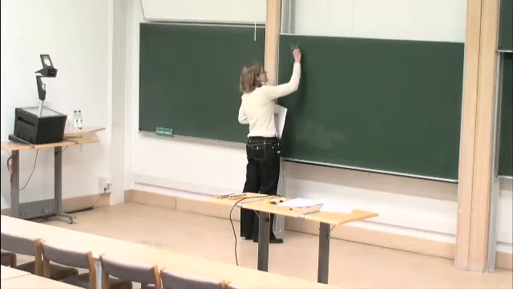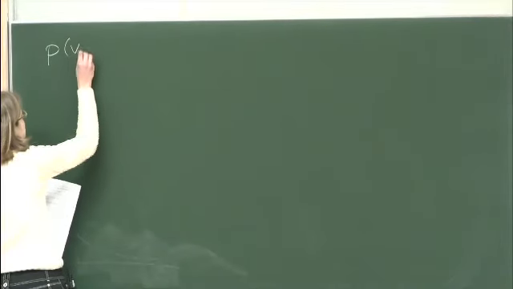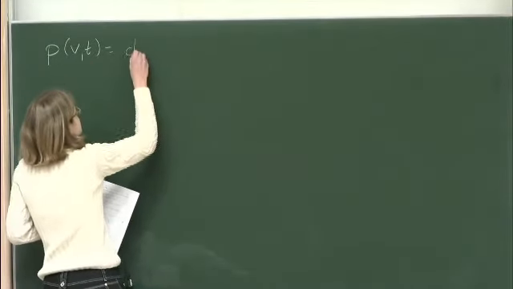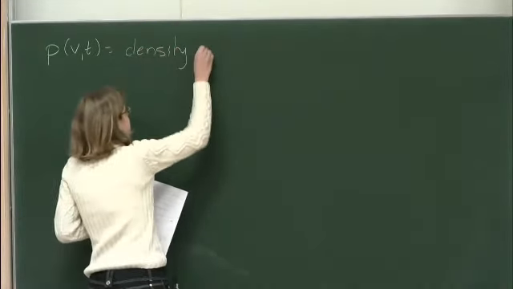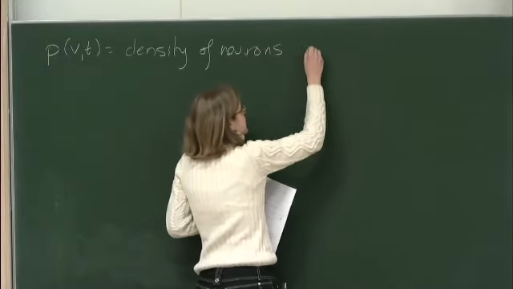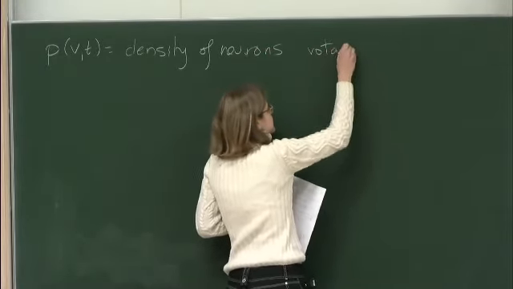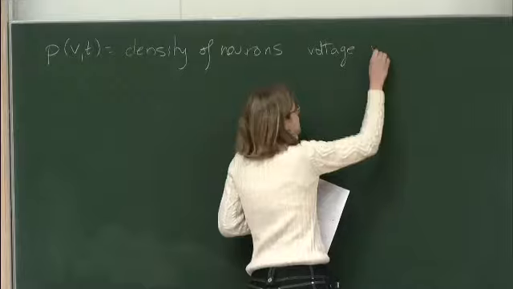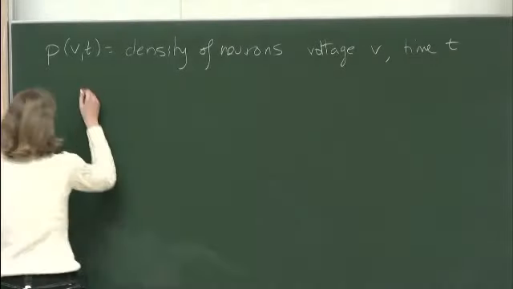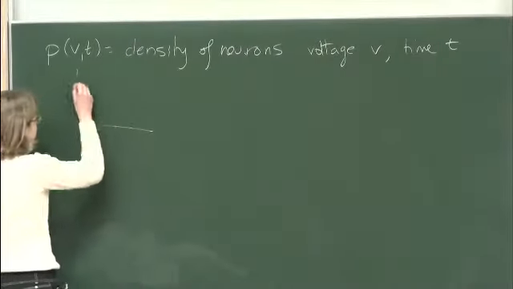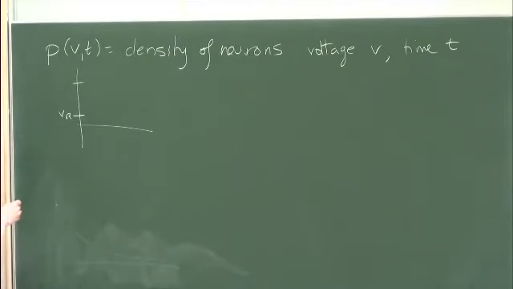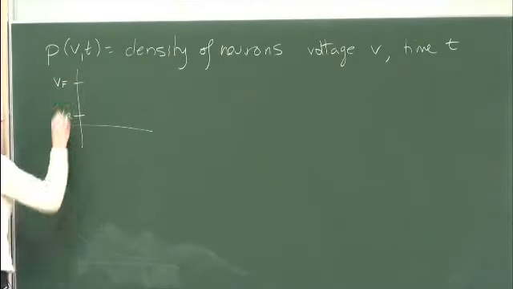Remember that I'm looking for a function p of v, t that represents the density of neurons at voltage v at time t. And we said there are two important quantities, that is V reset and V firing.